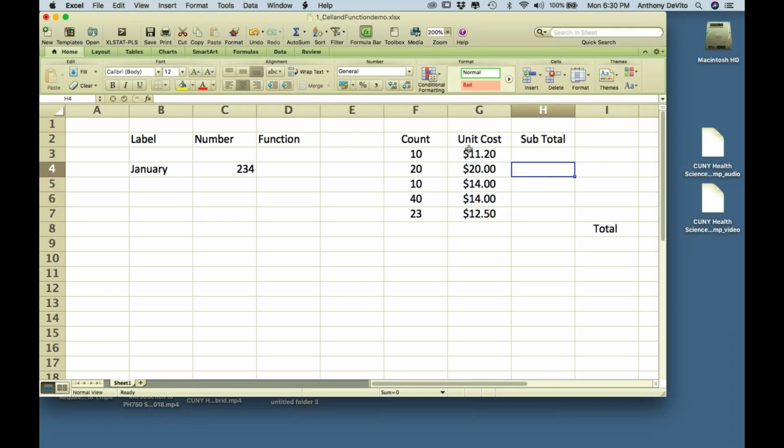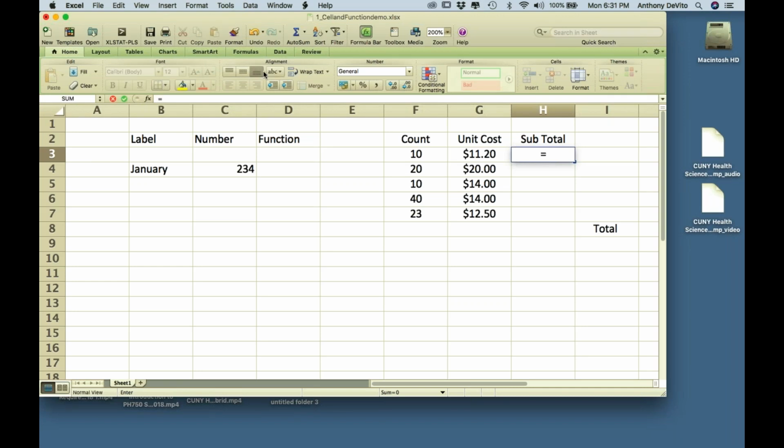Okay, so let's say I wanted to figure out what those 10 items cost me altogether. I can go to this cell and create a function. And I do that by first typing in an equal sign. As soon as I type in that equal sign, you see there are a number of changes that go on. If you look over here by this little f of x and this open space here, when I type in an equal sign, that's going to change, right?